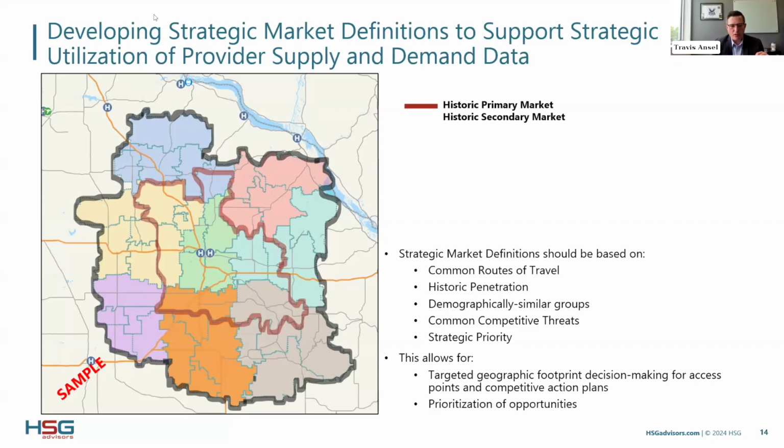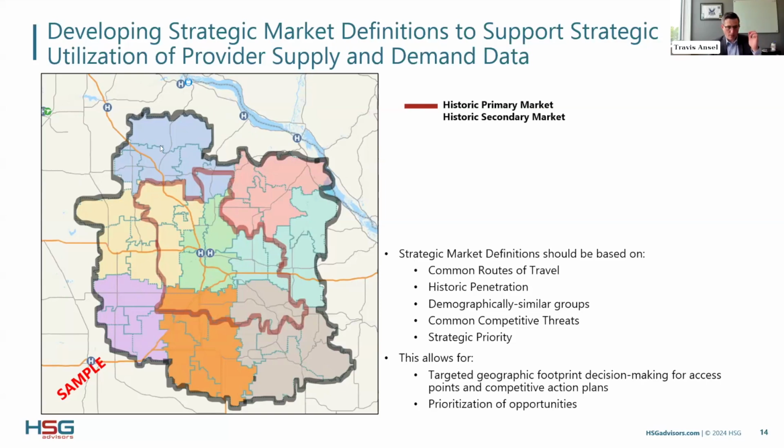Think about the historic primary market that an organization might define, outlined in this red line here, and then their historic secondary market, which should have a black line here in our legend, but doesn't.